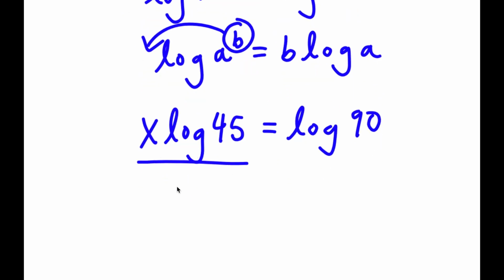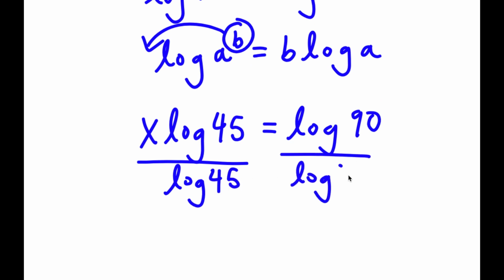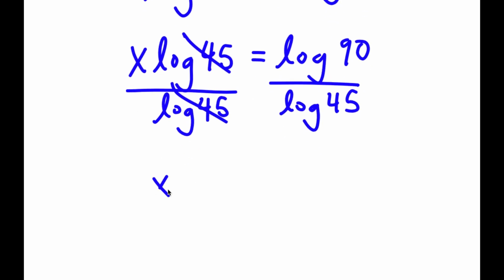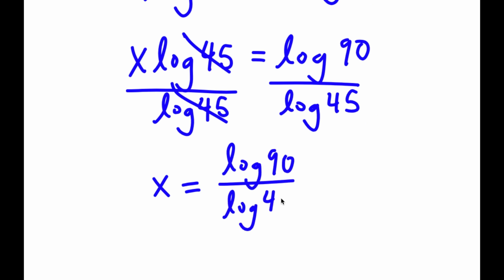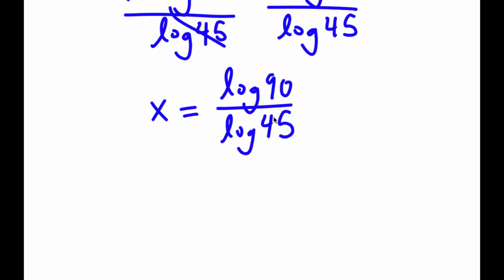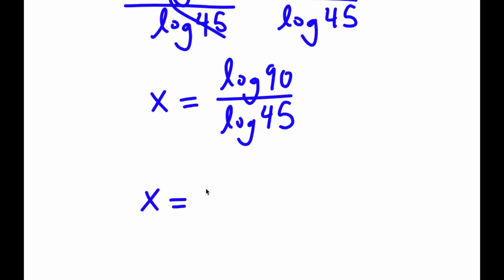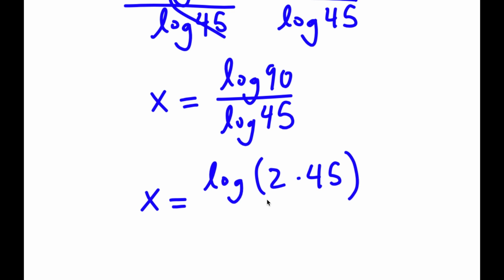Now, if I divide both sides by log 45, these two cancel out, and now I have x is equal to log 90 over log 45. Log 90, that's the same thing as log of 2 times 45.